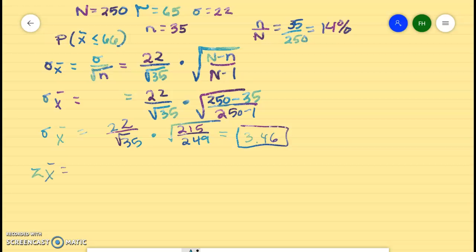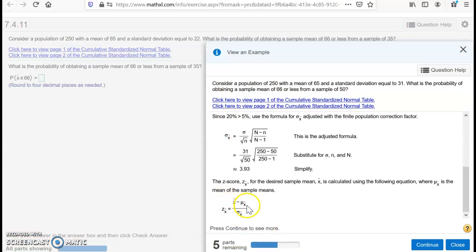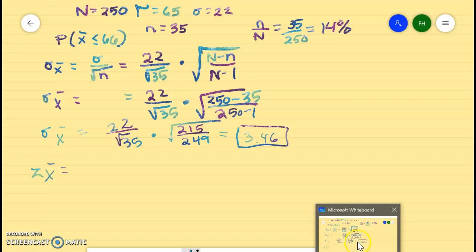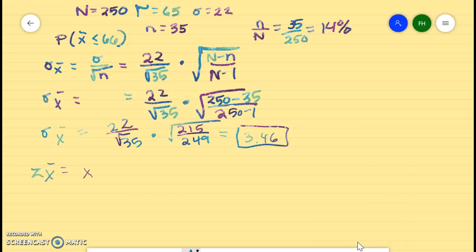So to get your z-score, you always take the desired sample mean minus the mean of the sample means. That kind of sounds a little weird, divided by the standard error of the mean.